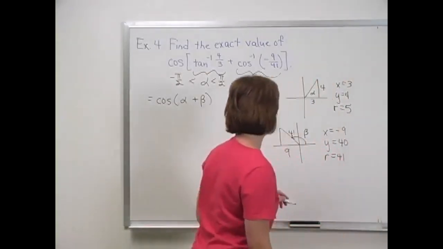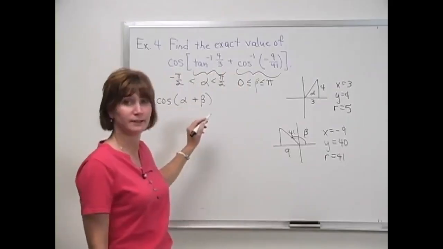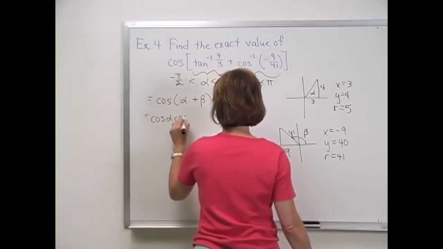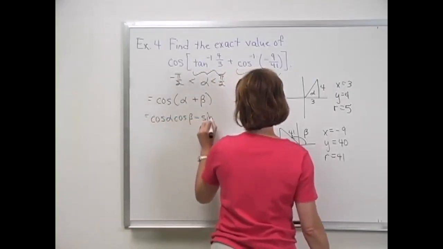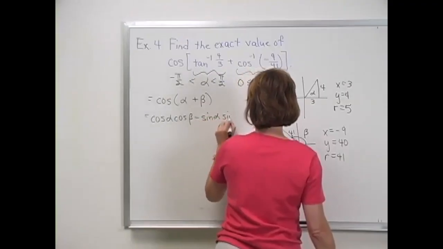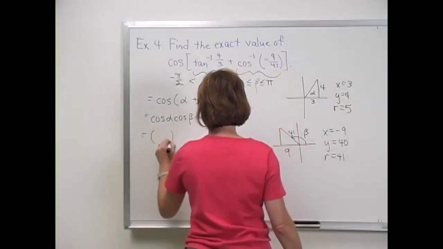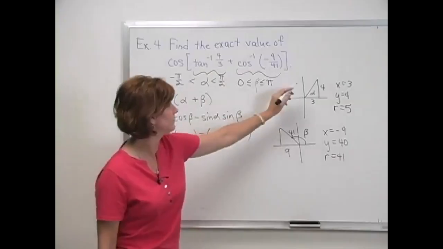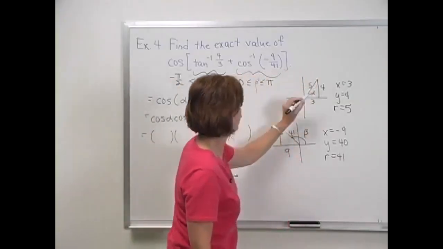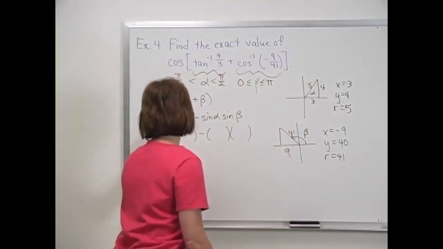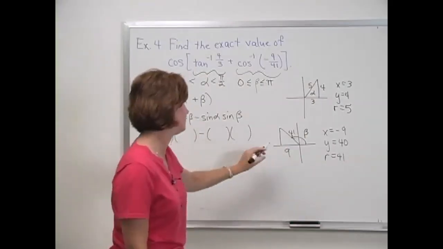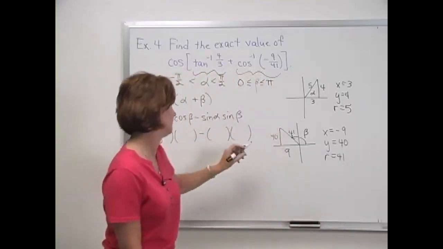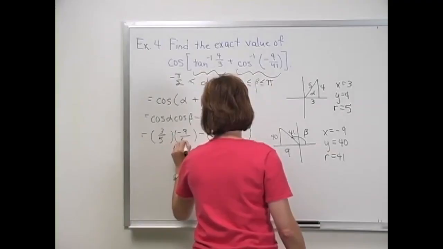So now that we have our pictures, we will write the identity for the cosine of alpha plus beta, which is cosine alpha, cosine beta, minus sine alpha, sine beta, and then we can just plug in our values. What's the cosine of alpha? It will be 3/5. The cosine of beta will be negative 9 over 41.